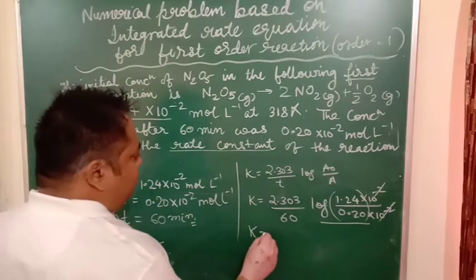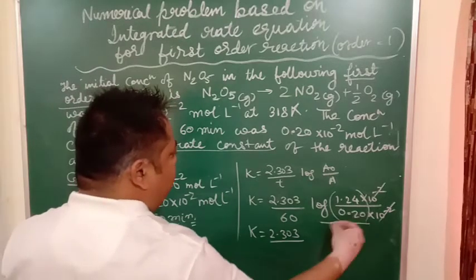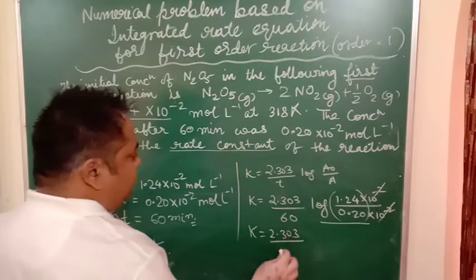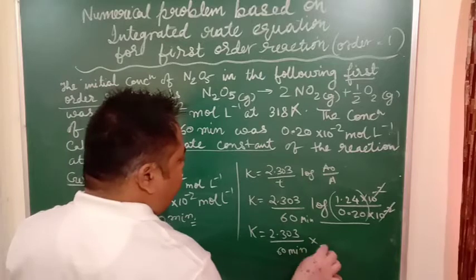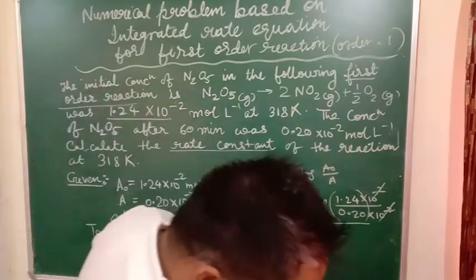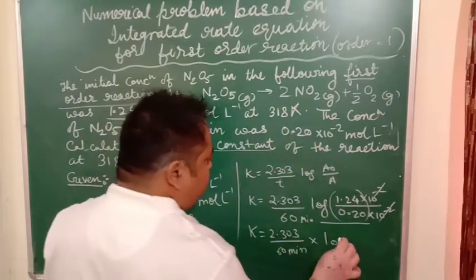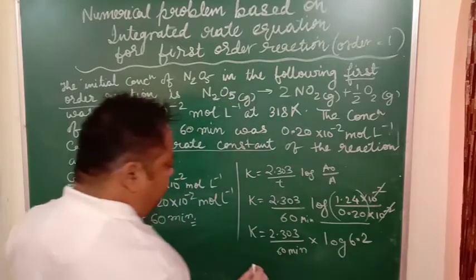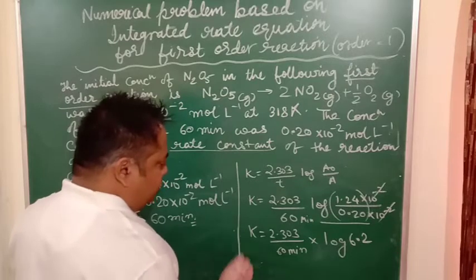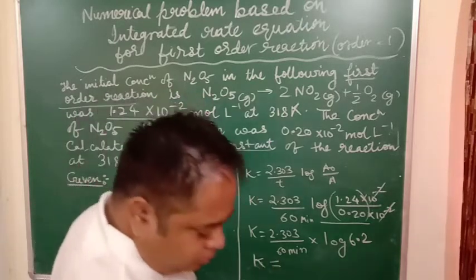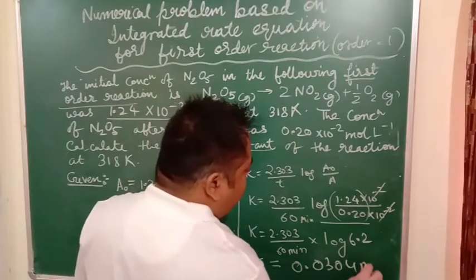So K is equal to 2.303 by 60 minutes into log 6.2, since the same units, mole per liter, are nullified and only minute remains. Now if you find out the value of all this, K will come out to be 0.0304 per minute.